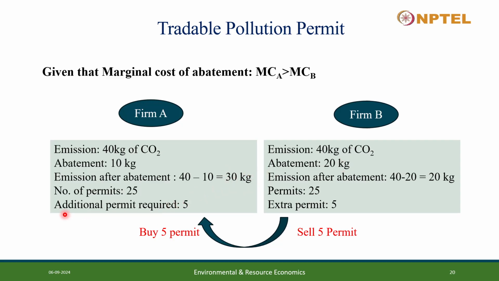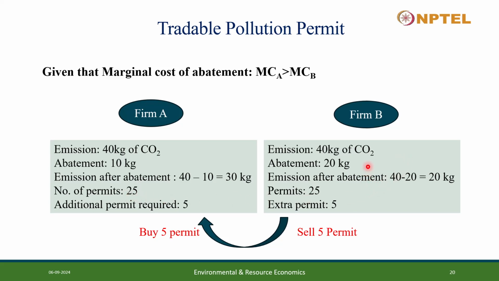So the additional permits which firm A requires are 5, so that total emissions come under 25 only, right? Because it is emitting more than the number of permits which it has.